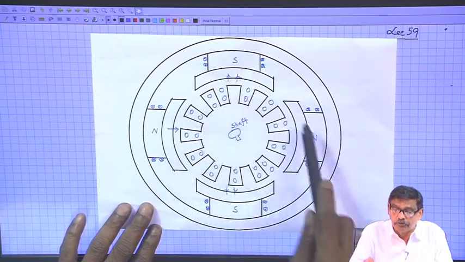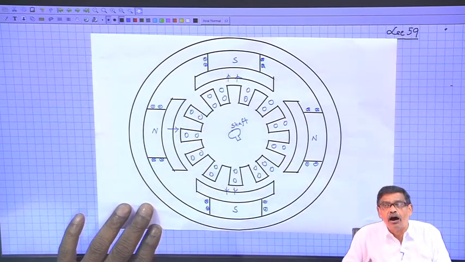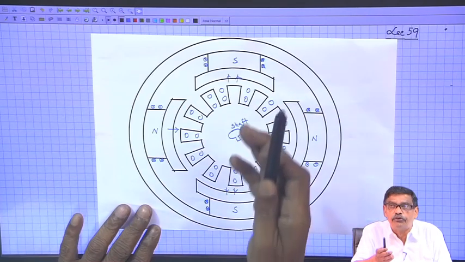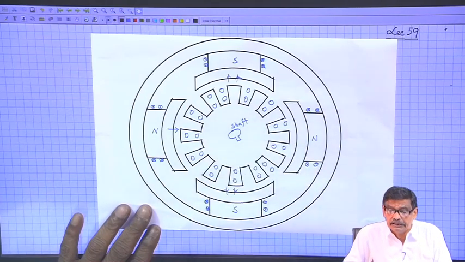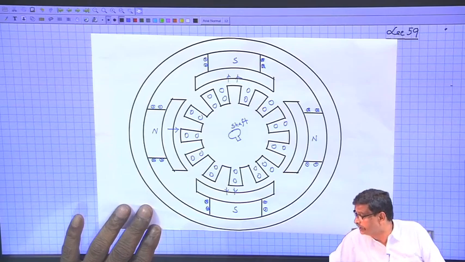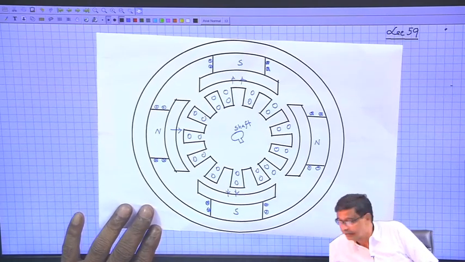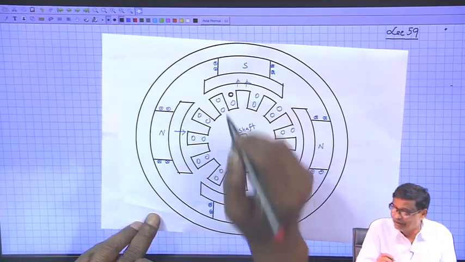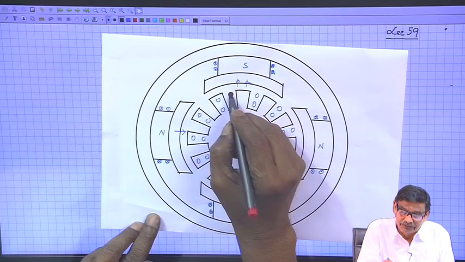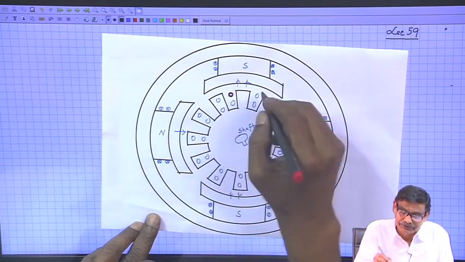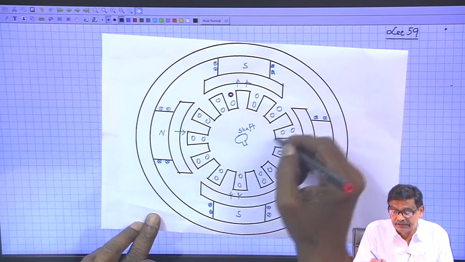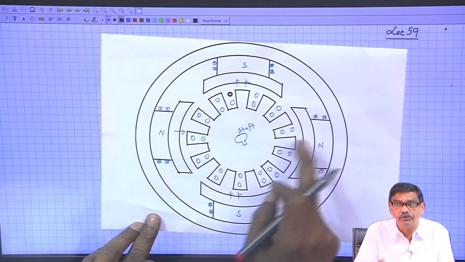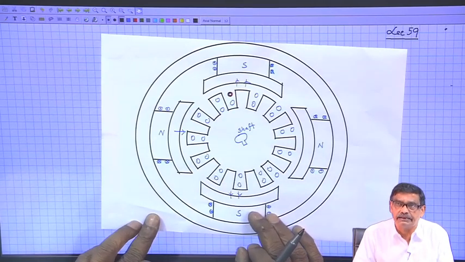Okay, there are 4 poles. Then how many slots will be there per pole? It will be 12 by 4, 3. Therefore, if I use a different color, suppose this is one coil side, the coil I have already shown, it goes and from where it will come out, because the angle between south and north pole is 180 degree electrical.